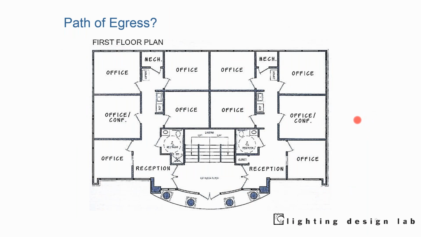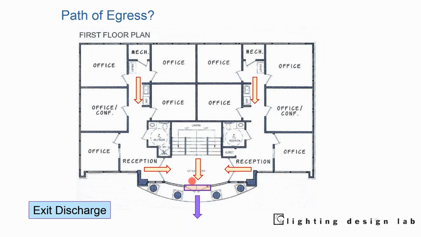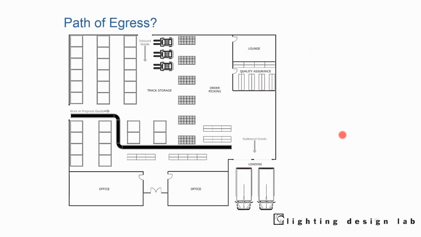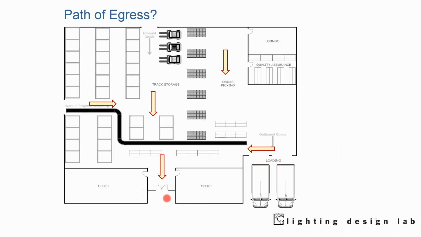So path of egress, sometimes that seems fairly straightforward and simple. Here we have a little office. Here's the door, the lobby. So we can fairly easily see how that might go, and we have our exit discharge area. But if we have a more complicated floor plan, it's not always as clear as you might think. Here we have our main lobby door, and we're exiting in that direction.